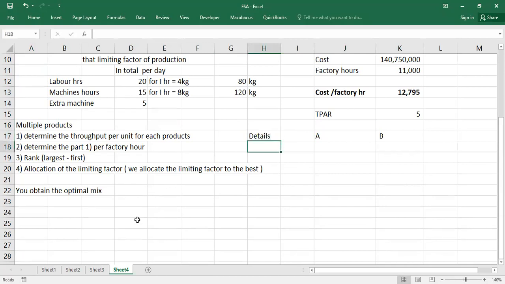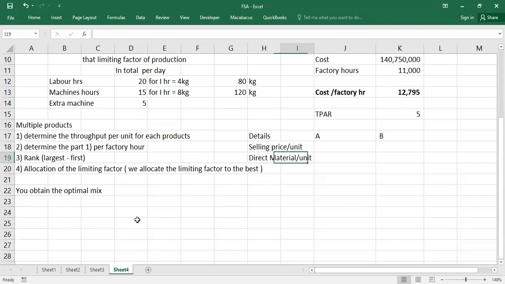What's for sure is that we want to determine the throughput per unit, and you can't get that unless you have a selling price per unit and direct material costs per unit.